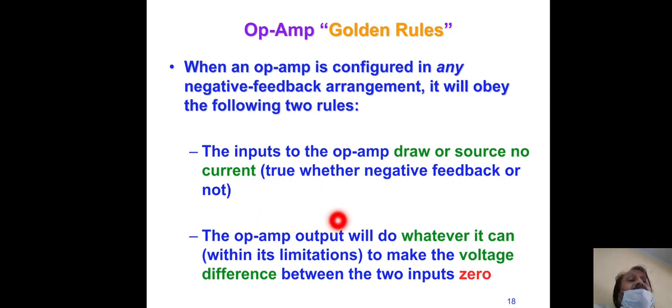Second rule: the op-amp output will do whatever it can, within its limitations, to make the voltage difference between the two inputs zero. These two conditions are very important when designing negative feedback op-amp circuits.